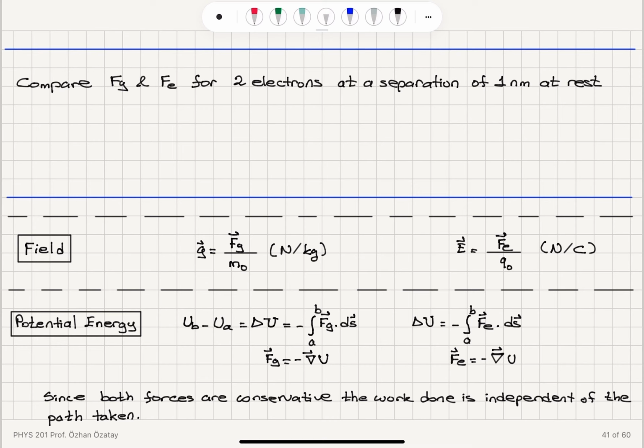This gives us a force of 5.5 times 10 to the minus 53 newtons, and it's an attractive force.